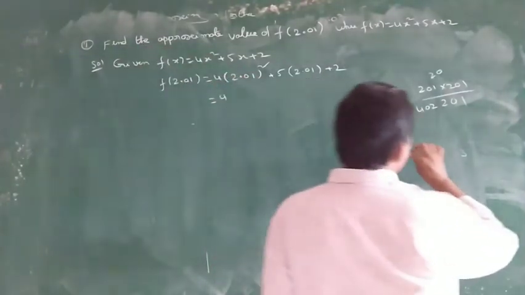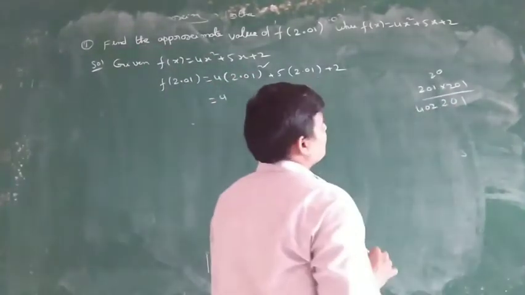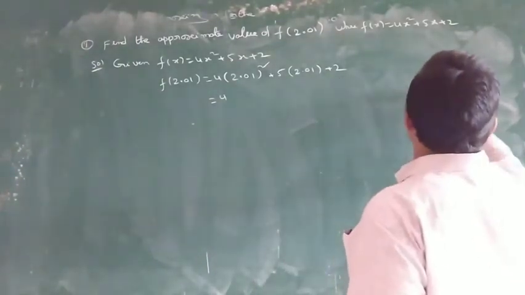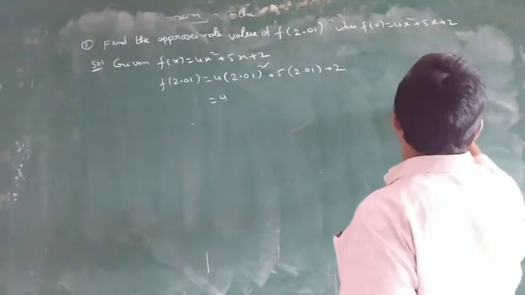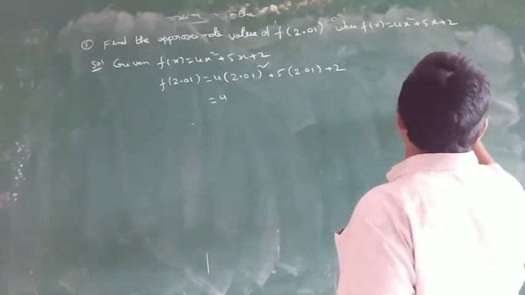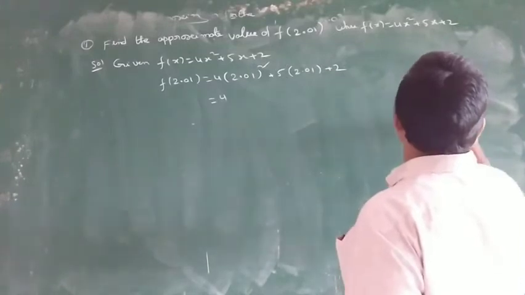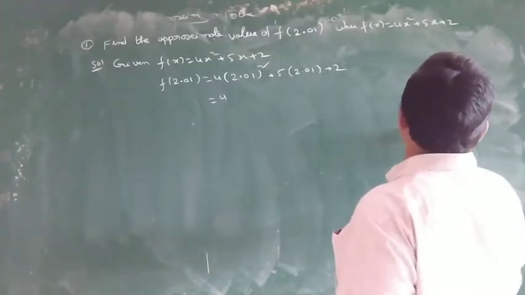Okay, 201 into 201. First 1, so 1, so 1 0 1, 2 so 0 0 0, 2 1 so 2, 2 zeros, 2 2 4.